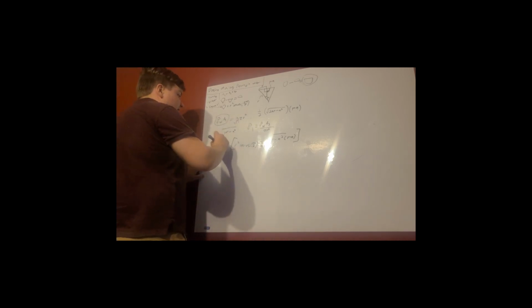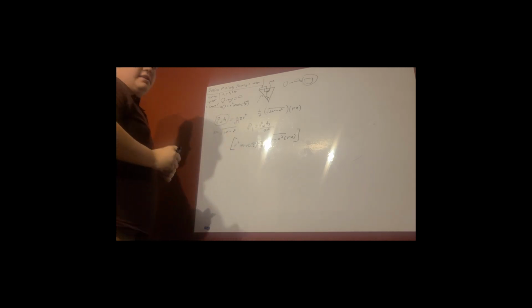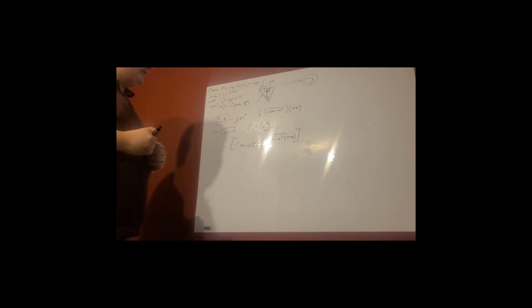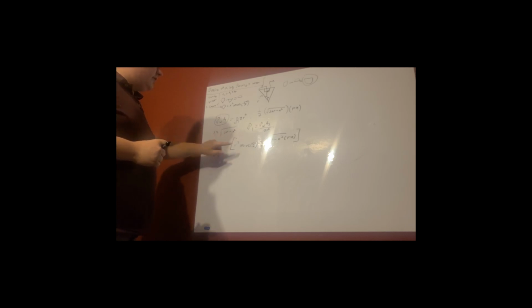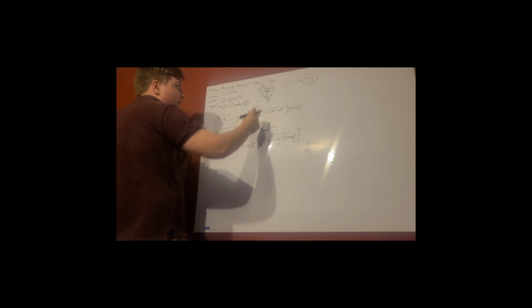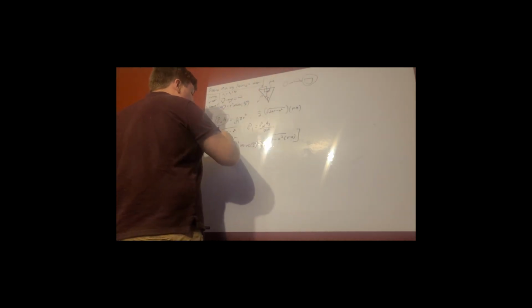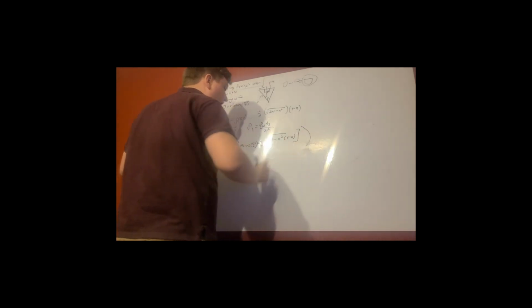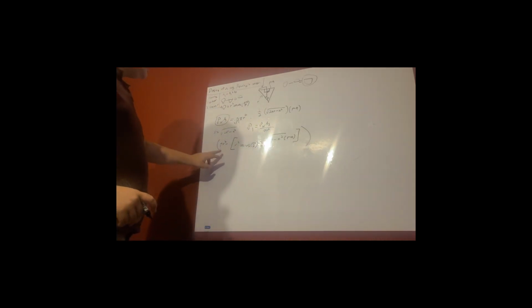And then you just, so we have that, and as we see here, that'll actually just give us the whole area, so of the floating area. And so now we just take pi r squared minus that, and that gives us the submerged area.